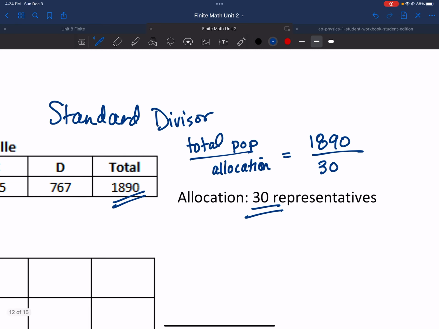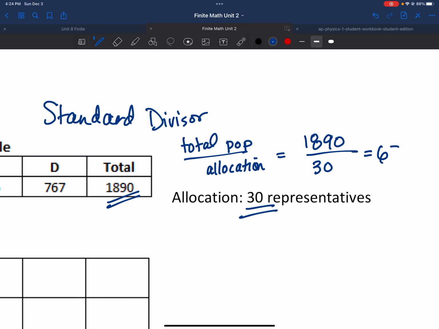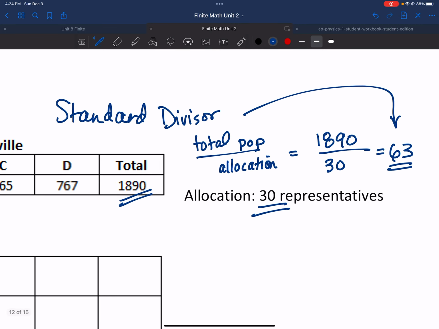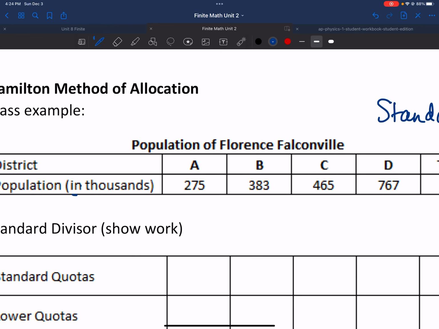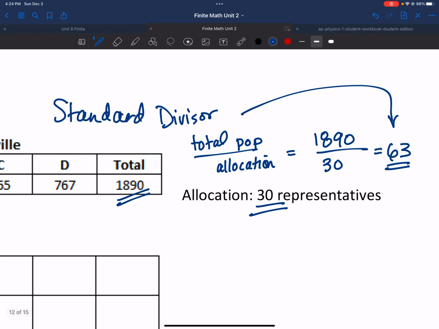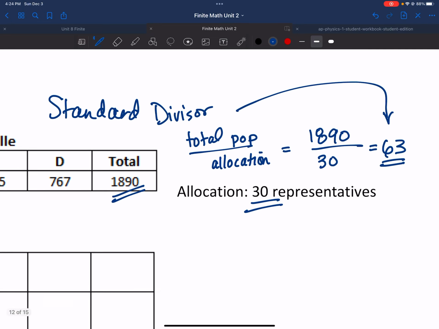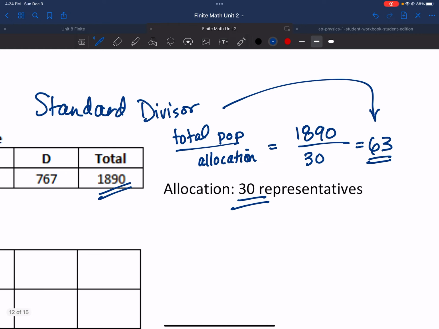So 1890 divided by 30 gives us 63. So this is our standard divisor. So this is how many people, I guess in thousands, right, represent each group. There's 63,000 people that each single representative represents.